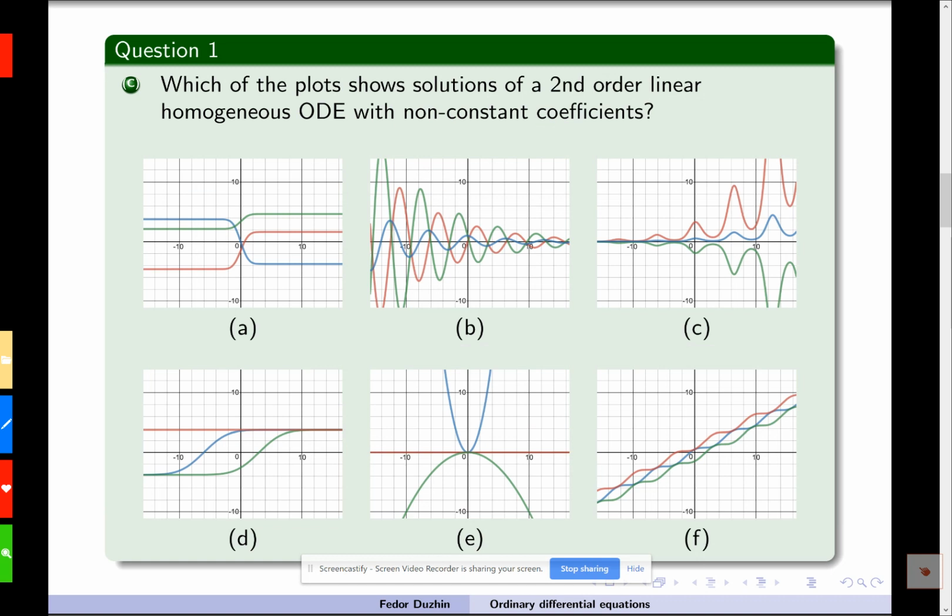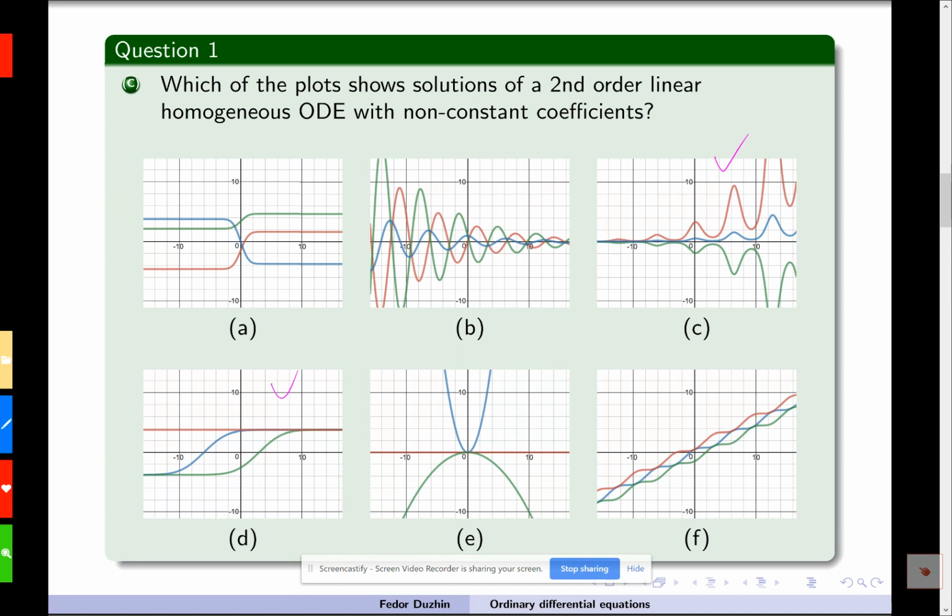Question C, which of the plots shows solutions of a second order linear homogeneous differential equation with non-constant coefficients? Well, basically, non-constant coefficients is whatever you are not familiar with. Maybe let us look at all the plots here. So notice that plot C we have ruled out because it is a first order linear equation. Plot D we ruled out because it is a first order autonomous equation.